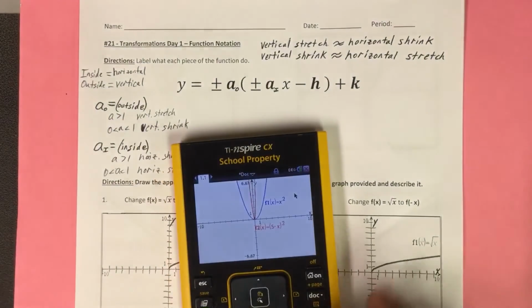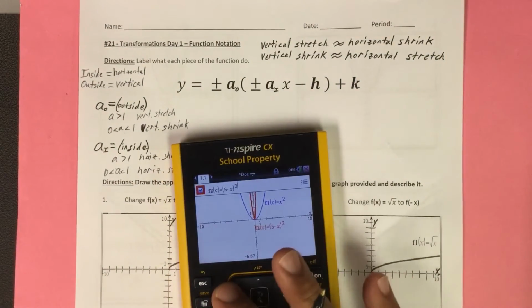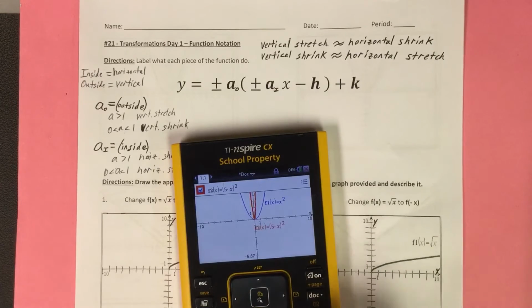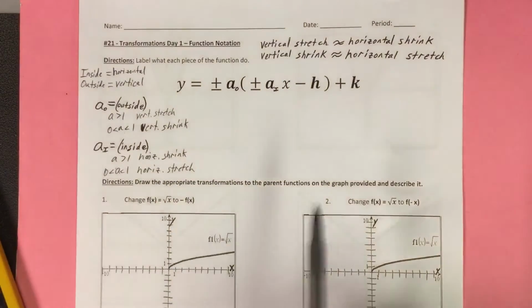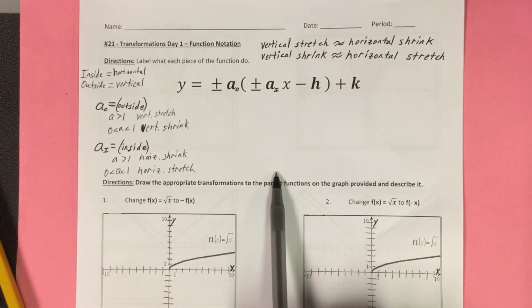What does that mean? Like if I'm doing a fraction, if I just say 1 divided by 5, multiply the 1/5 times x, that's a decimal. See, now horizontally it's stretched. Okay, so wherever that number is, that's what we're looking at.